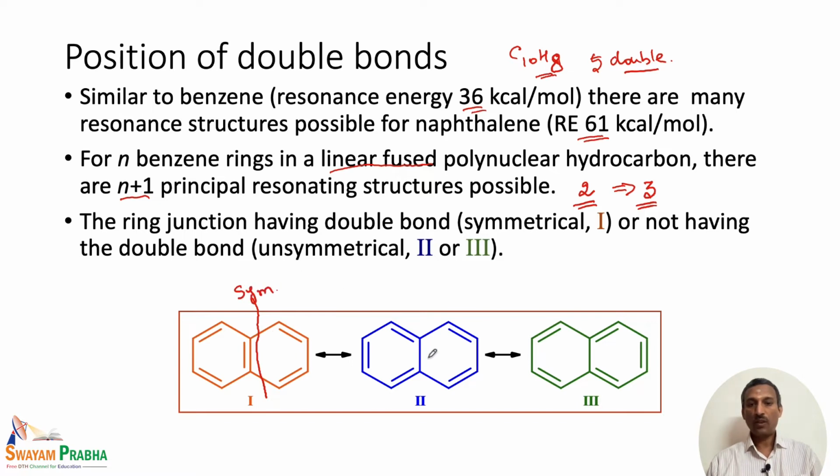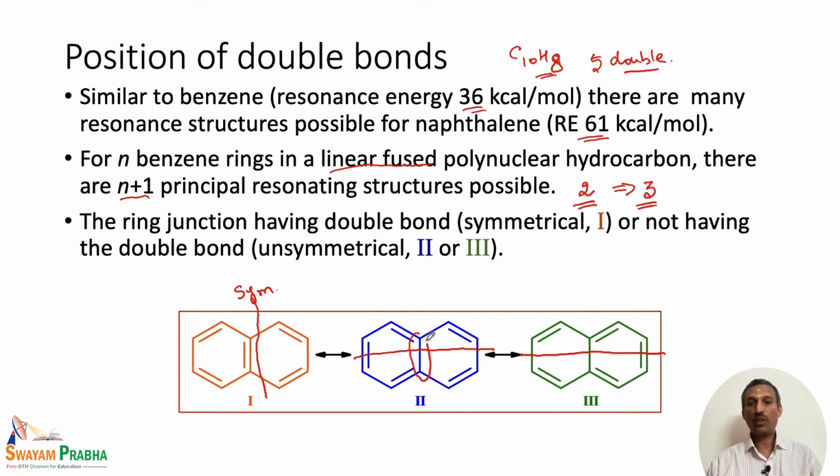If you look at structure 2 or 3, we do not have any symmetry here. Of course, you can draw a line bisecting the molecule in this way, and similarly in this way, and we do have a symmetry. But there is no symmetry across the center, where the ring fusion is present.